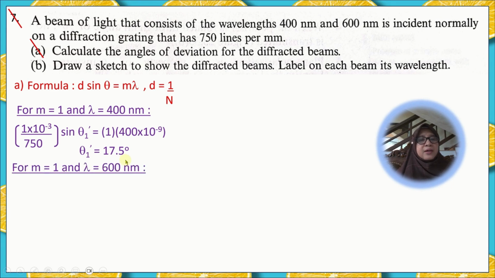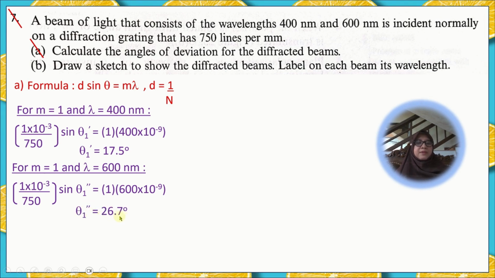Next, for wavelength 600 nanometer, for m equals 1, we use the same formula and the same diffraction grating, and we get theta 1 as 26.7 degrees. So we name this theta 1 prime prime to show the difference between these two angles of diffraction. So here we use theta 1 prime and theta 1 prime prime.